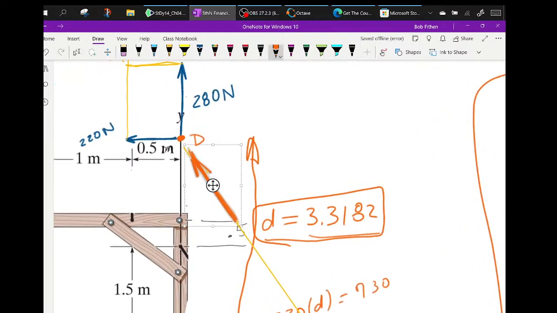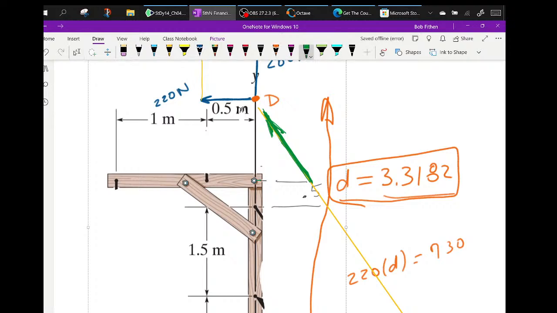Why not green? Green's a good color. You could figure out how far back this is. If this is 2 to this point, then that's 1. This distance up to here is 1.3182.